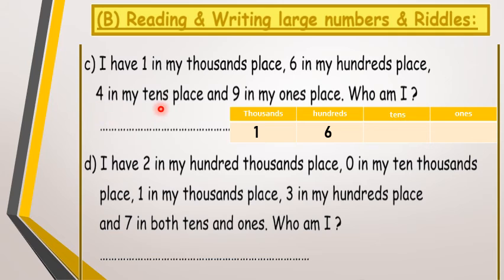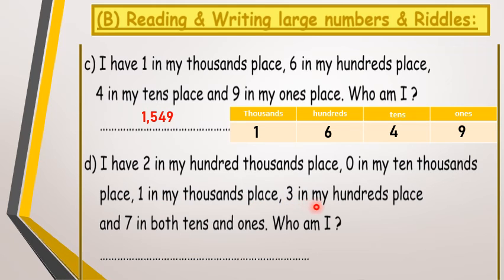In tens, he has 4, so I put 4 in tens. And in ones, I have 9, so I put 9 in ones. And let's read the number. Who am I? This number is 1,649.